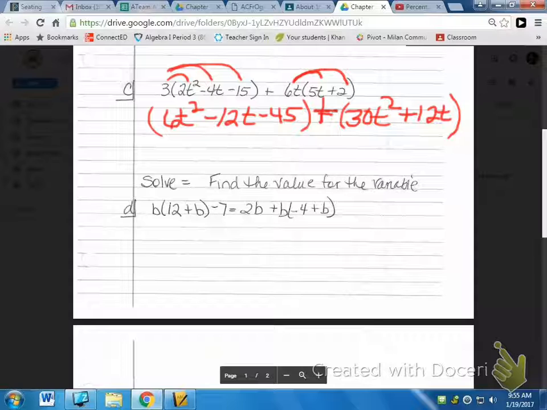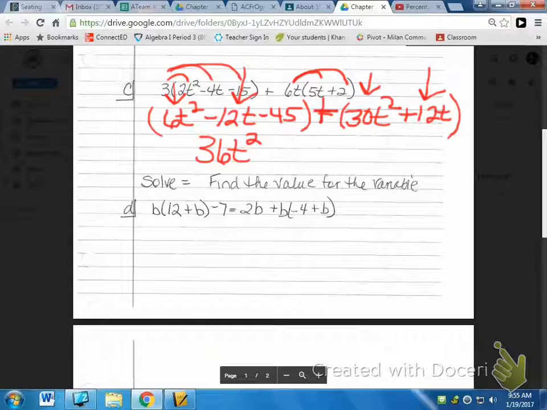So, what's the highest exponent on t? Squared. So I've got 6 of them here and 30 of them here. Together, when I combine them, what would it be? 36t squared. Okay, so then you take your exponent on t down 1, so we're talking regular t. I've got negative 12t here and positive 12t here. What's going to happen with that?